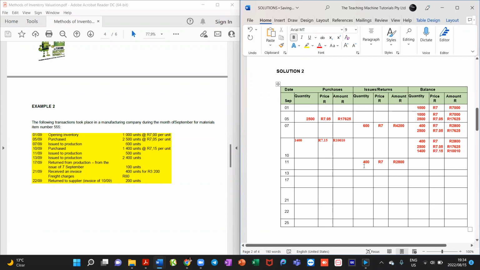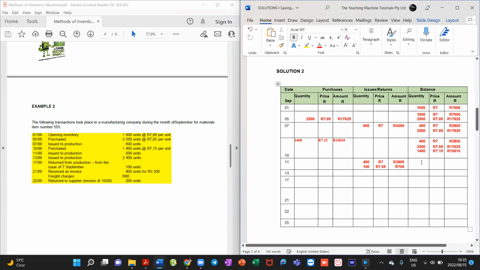We need 100 more. We will go to the second batch because the first batch does not exist anymore, and take 100 units. What is the price there? 7.05. How much is 7.05 times 100? 705. Thank you very much.